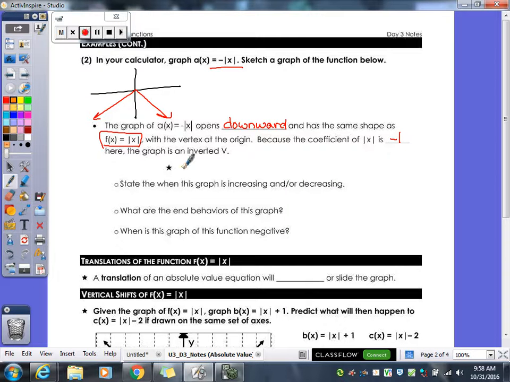So the way that they write this sometimes is they would write that a of x equals negative absolute value of x. I used a g up there, so I'll change that to a. A of x is the negative of our original function, the absolute value of x.